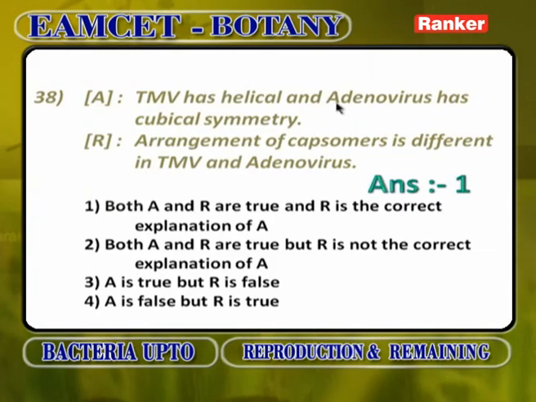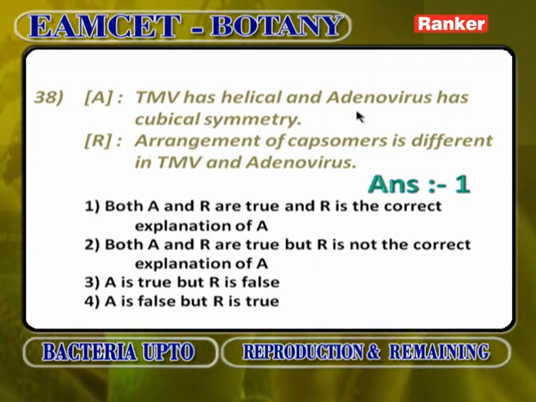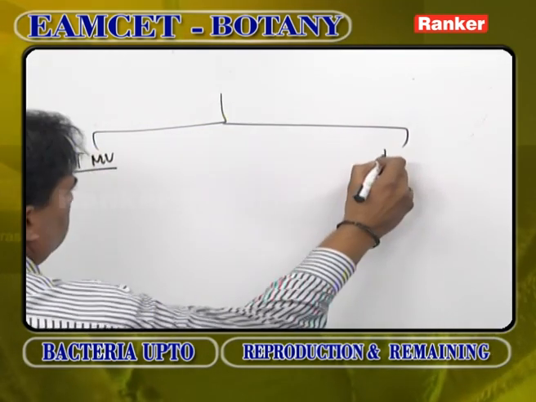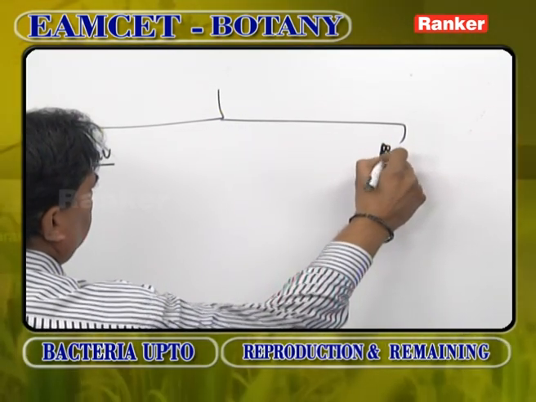TMV has helical and adenovirus has cubical symmetry. TMV, tobacco mosaic virus, has helical symmetry. Adenovirus has cubical symmetry. Arrangement of capsomeres is different in TMV and adenovirus. Just now we explained tobacco mosaic virus and adenovirus.